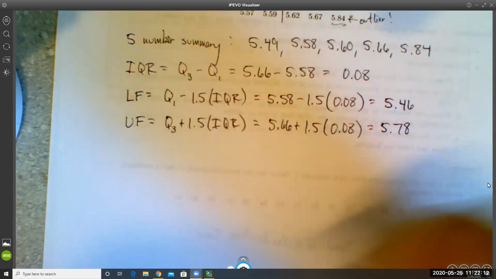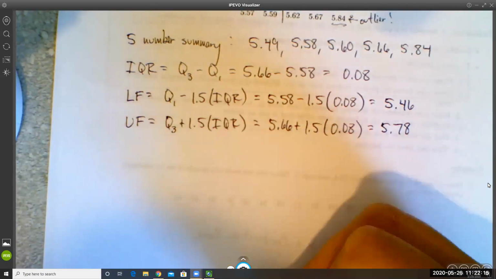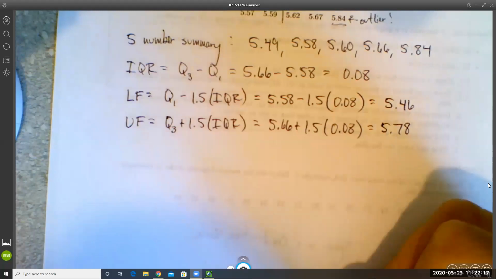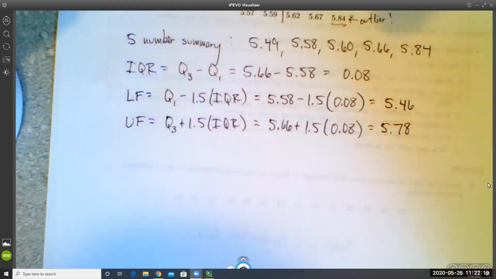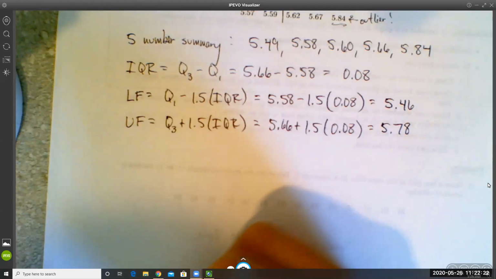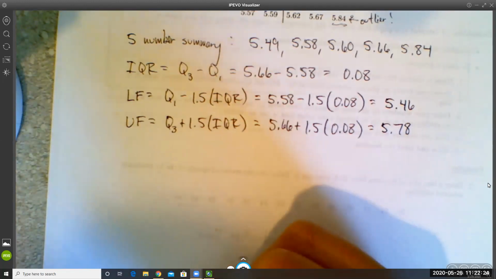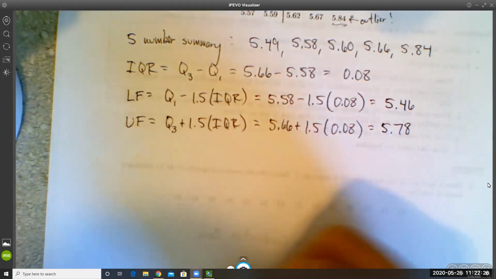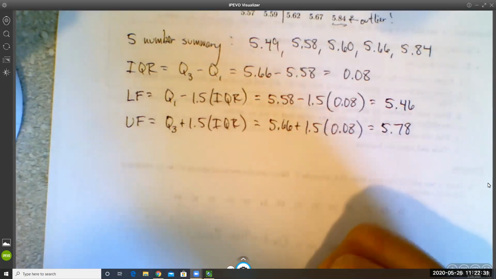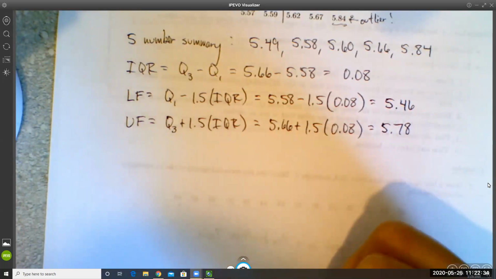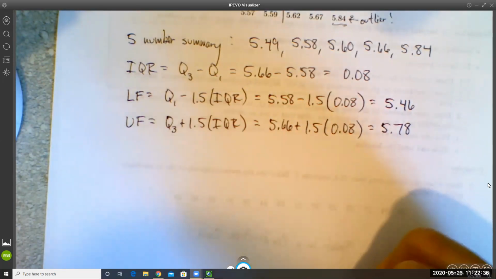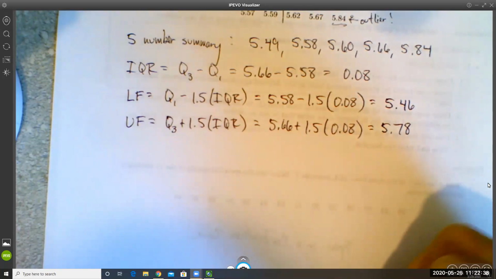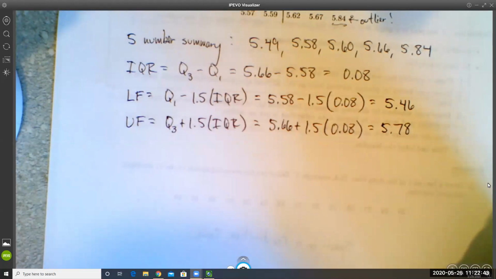So 5.45, 5.5, 5.55, 5.6, 5.65, 5.7, 5.75, 5.8, 5.85.